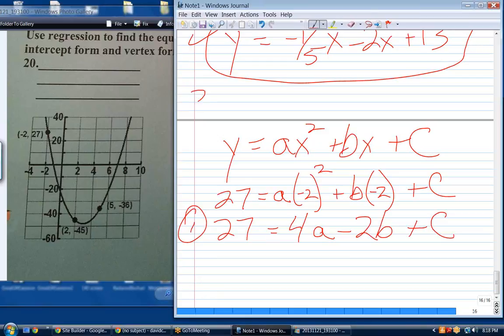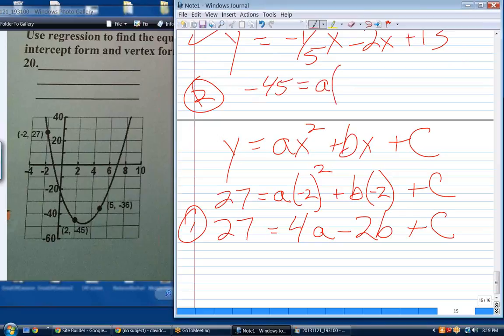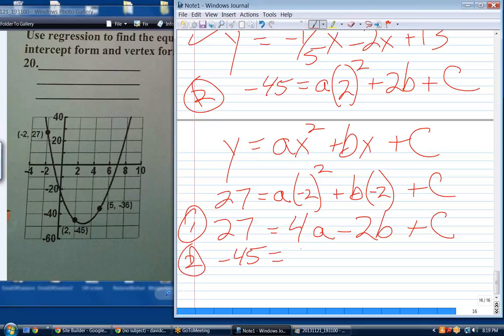Equation number 2. Negative 45 equals a, in parentheses, 2 squared, plus b times 2, plus c. So that equation number 2 is negative 45 equals 4a plus 2b plus c.